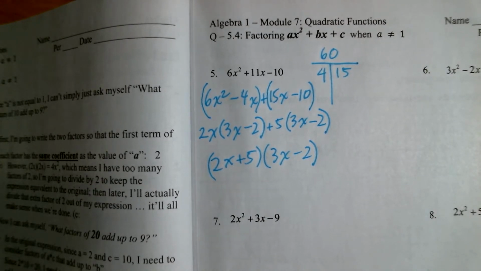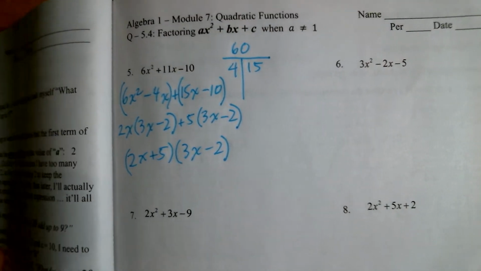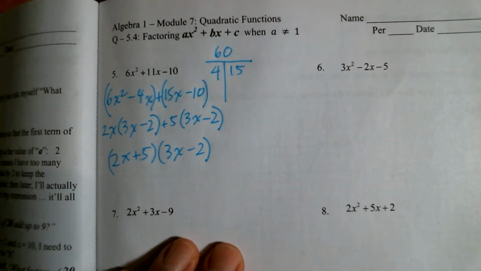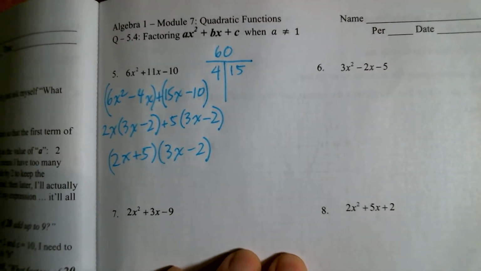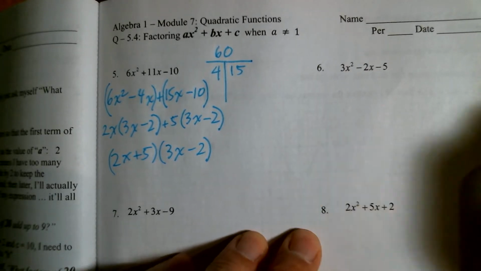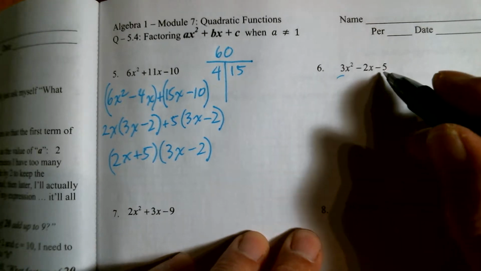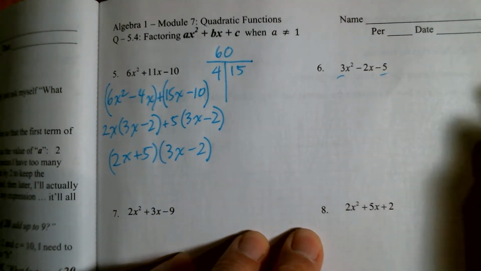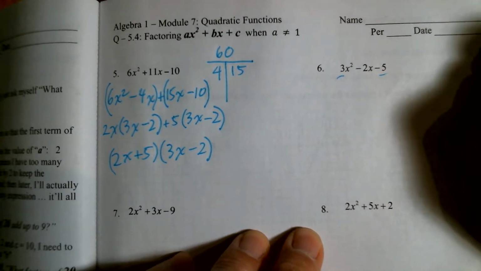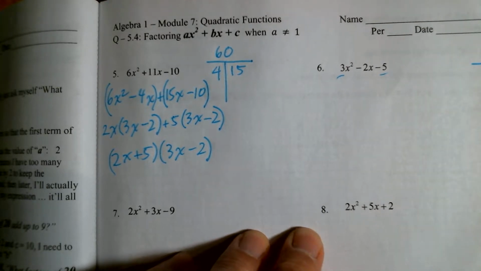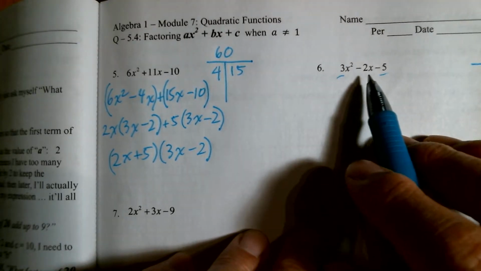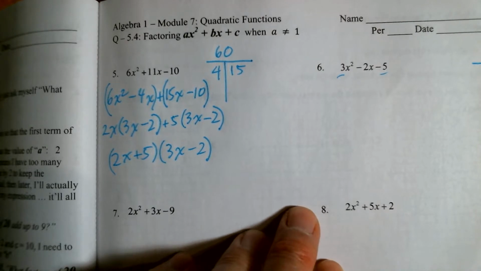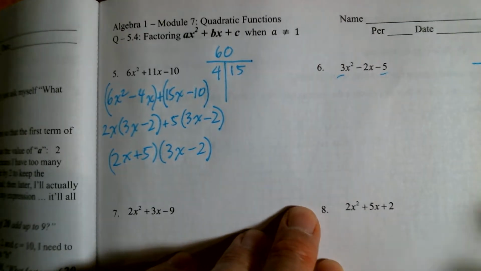Let's try number 6. Okay. Number 6 up here. Okay, first thing we do, we get the 3 and we get the 5. I'm going to multiply it. I get a 15. What factors of 15 are we going to use to get a negative 2? I'd say 3 and 5.